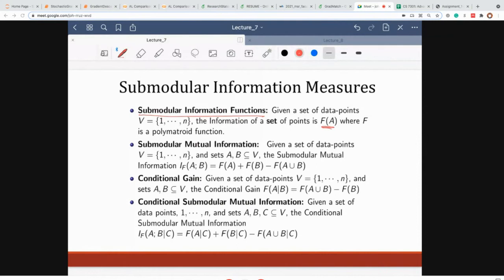But you can also define what we call submodular mutual information. The submodular mutual information is the joint information between A and B. A and B are two subsets of items. They could intersect or they may not intersect.